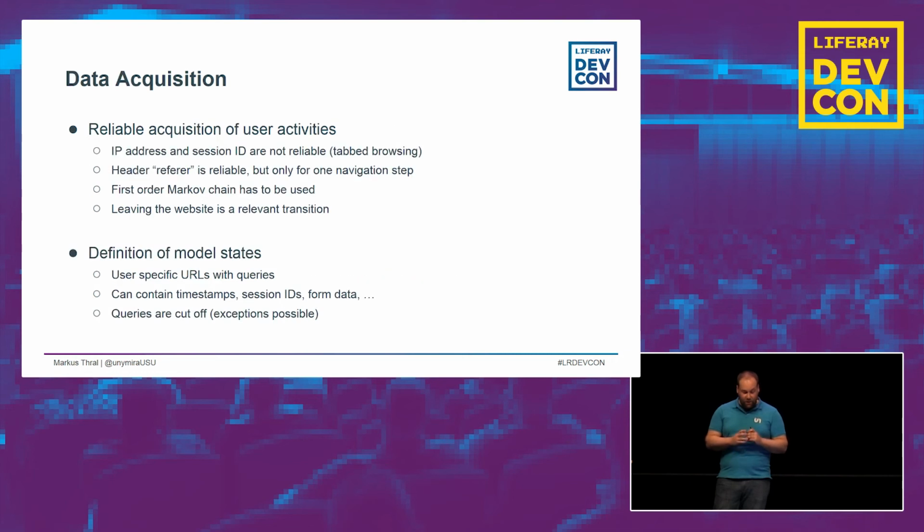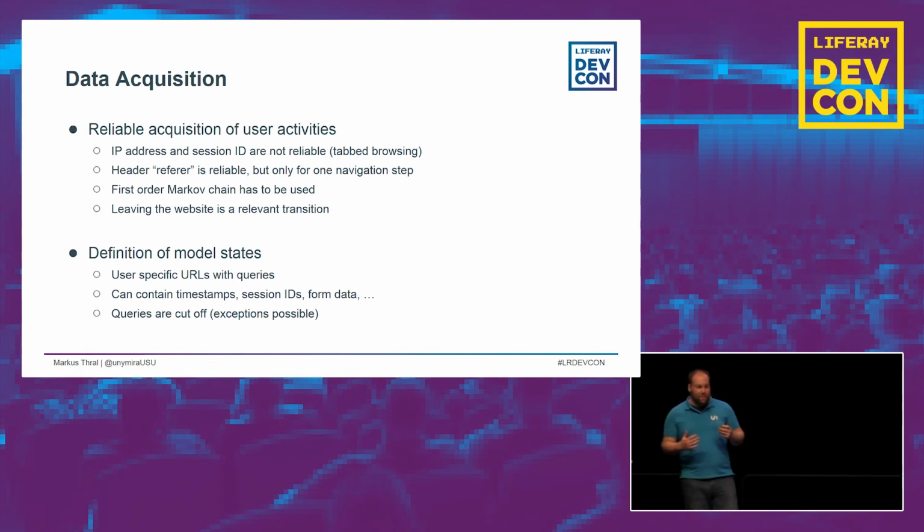The last topic was the data acquisition. To have a reliable model, we need reliable user activity information. The simplest approach is we cluster our requests by IP address or the session ID, sort them by timestamp, and so we have our navigation steps.